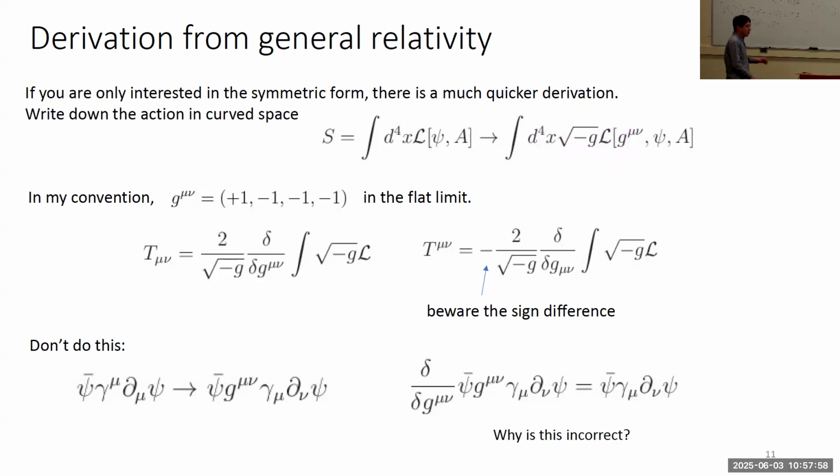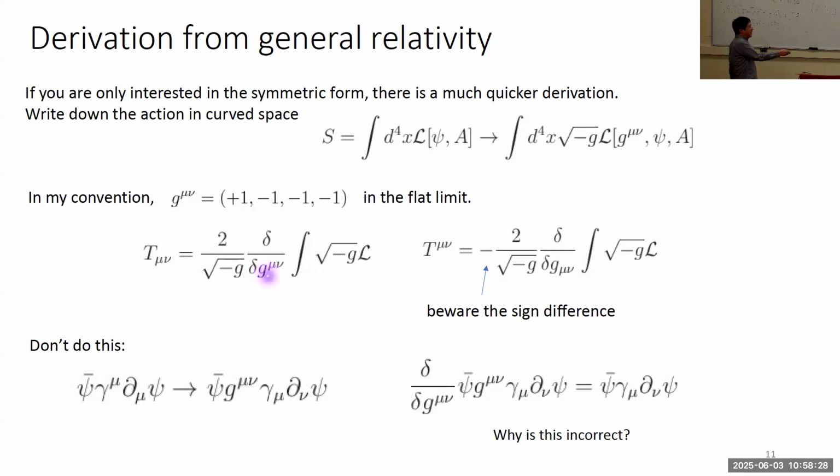So g mu nu is no longer 1, -1, -1, -1. Starting from this generalized action in the curved space, you get this Belinfante energy momentum tensor immediately just by varying with respect to this matrix. This is textbook. If you read a general relativity textbook, this is what it is.